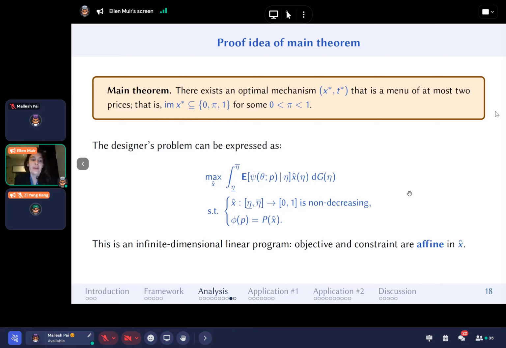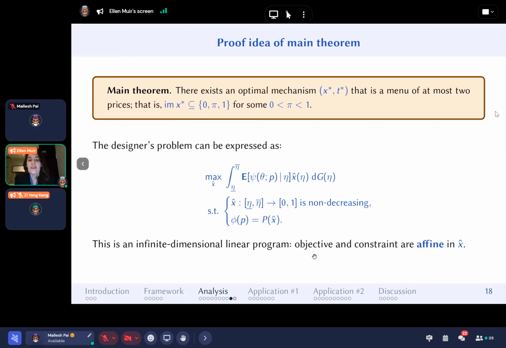And so what we end up with here is an infinite dimensional linear programming problem where both our objective and our constraint are affine in this effective allocation rule. This allocation rule has been written as a function of these effective types.